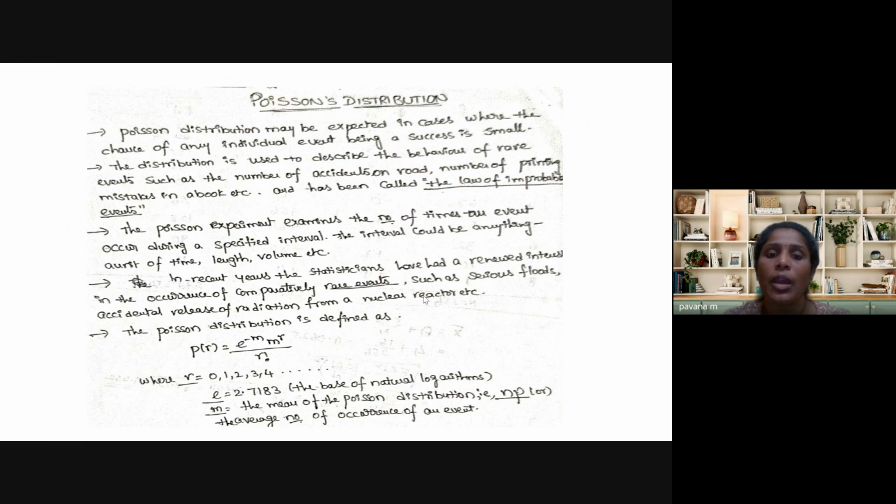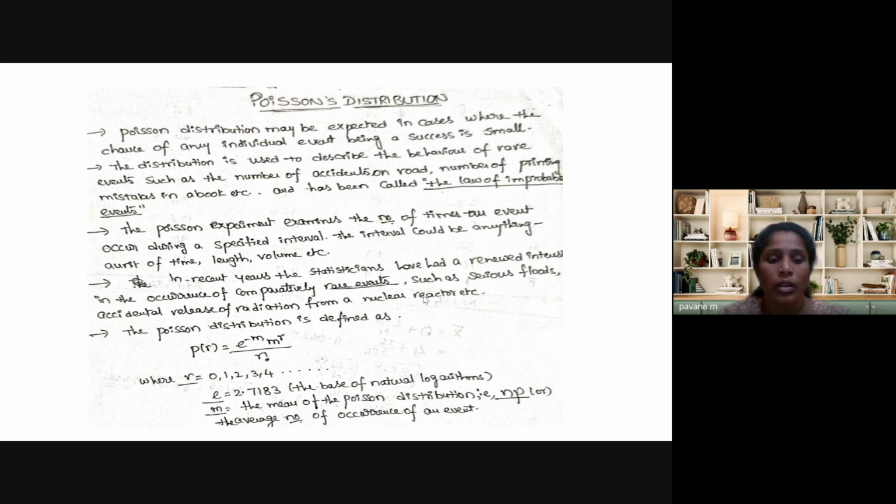These events happen very rarely, and they want to know the frequency of those events so that they can take precautionary measures. That's why they are calculating these types of events.